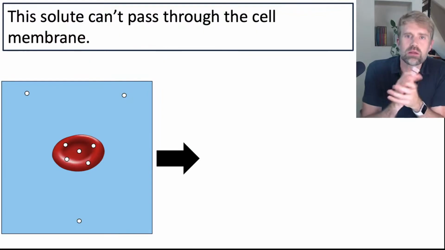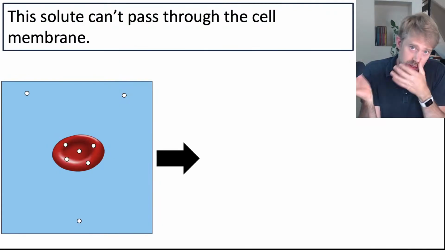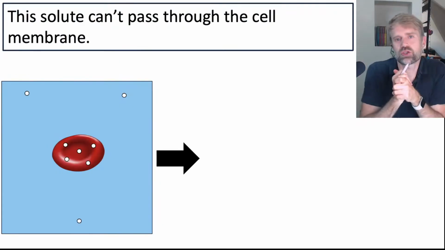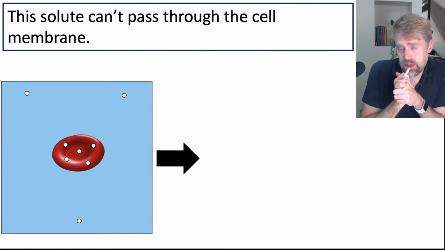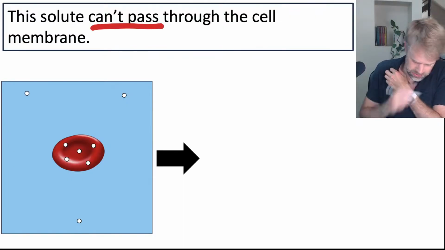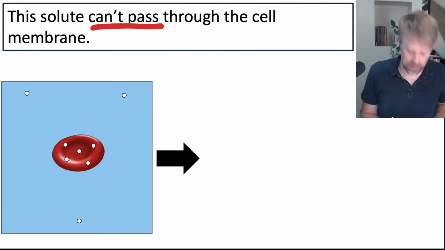Now, let's think about what happens with water and cells and movement in osmosis. Here I have a picture of a red blood cell. You can see there are little white dots, and those white dots represent a solute that, as you can see up here, can't pass through the cell membrane.